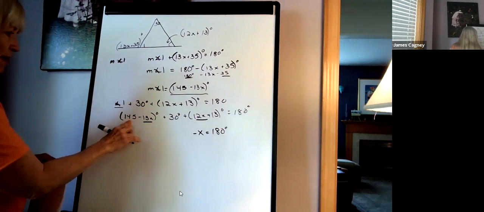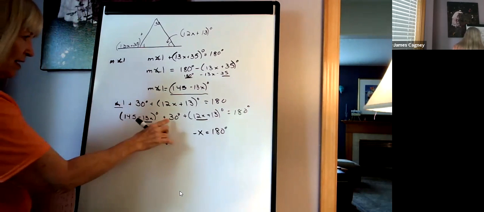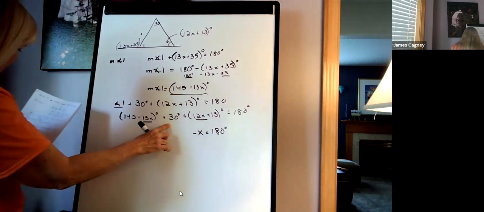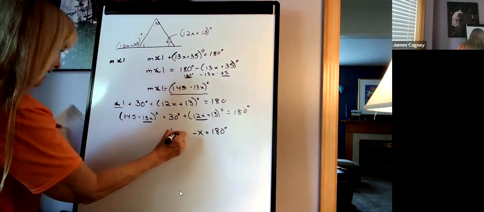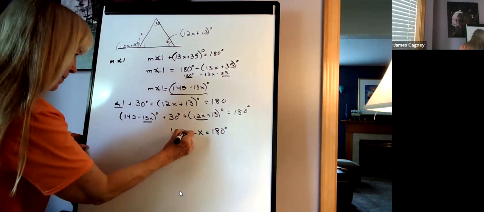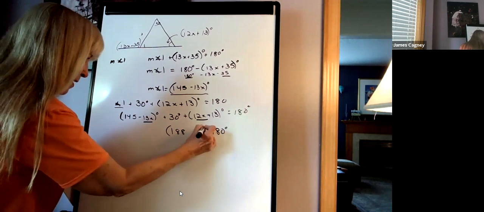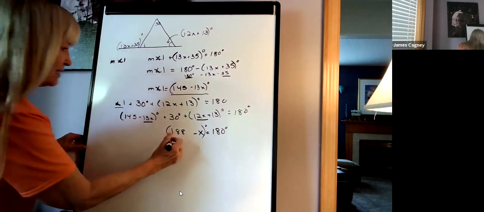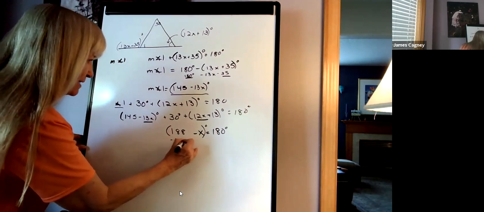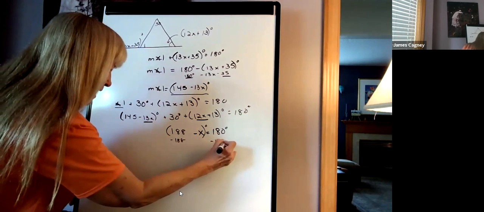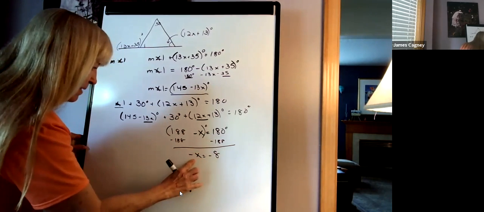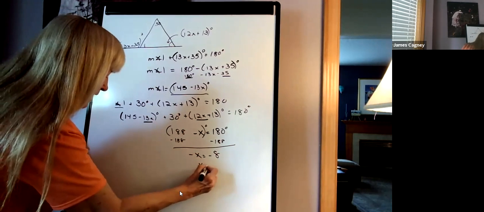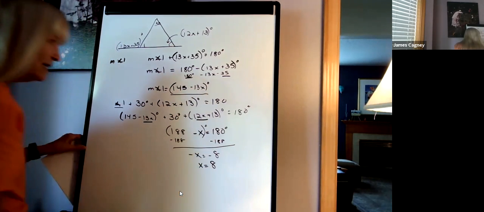Now I need to combine 145 plus 30 plus 13, and this is going to give me 188. So now I'm going to subtract 188 from both sides, and I get negative x is equal to negative 8. Multiply everything by negative 1, so I get x is equal to 8.